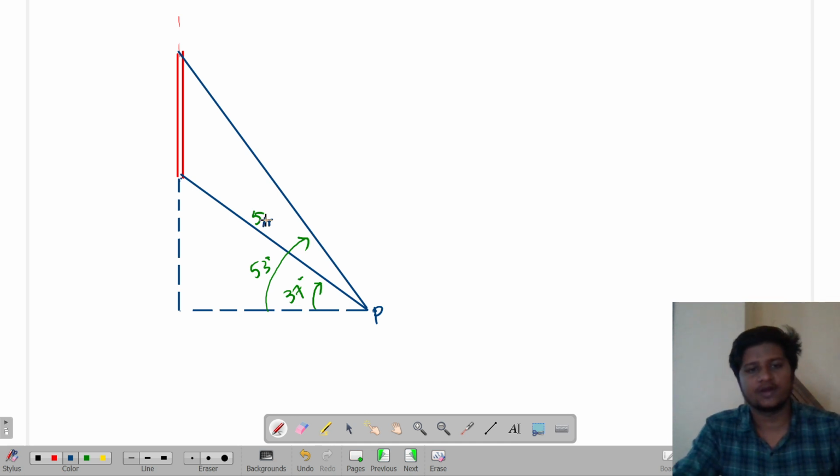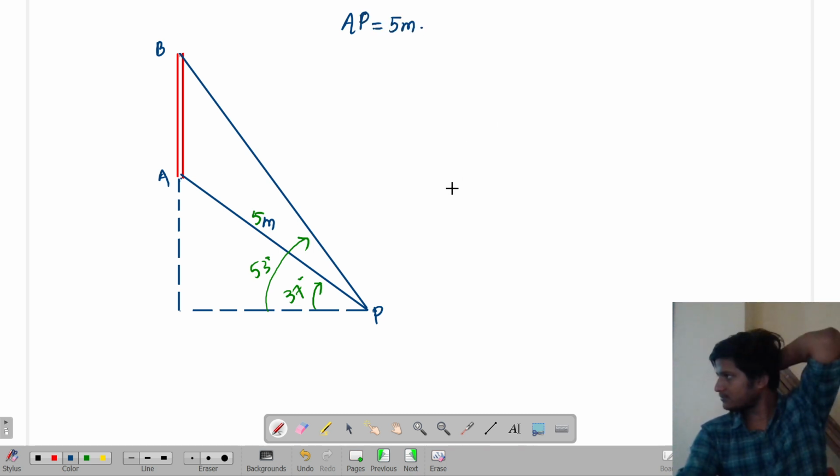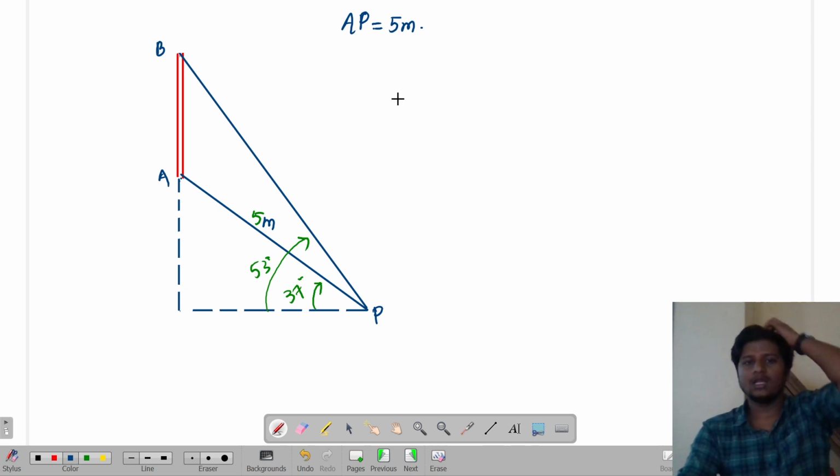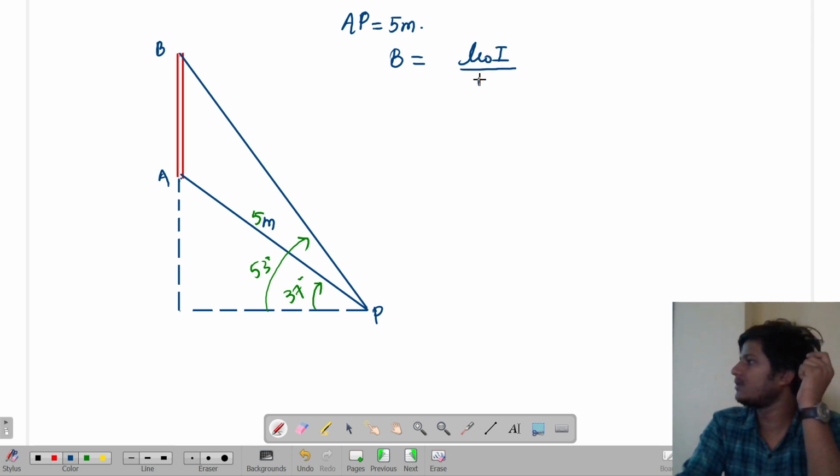This length is 5 meter. Let us consider A, B. AB is given. AP is given, sorry, which is equal to 5 meter. So what is the formula of magnetic field for a straight conducting wire? B is equal to mu naught I by 4 pi D perpendicular into sine theta 1 plus sine theta 2.